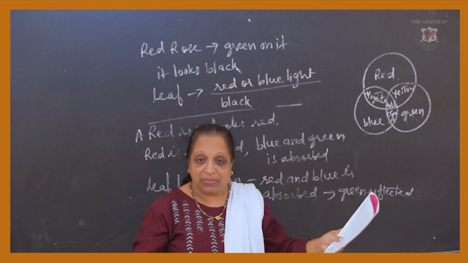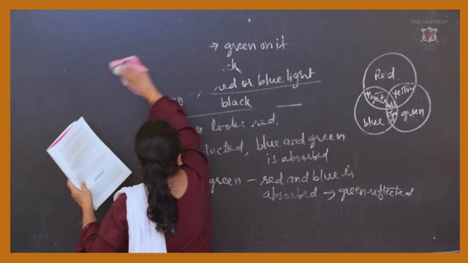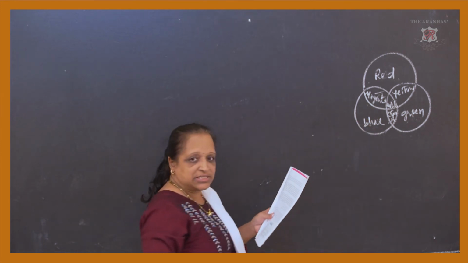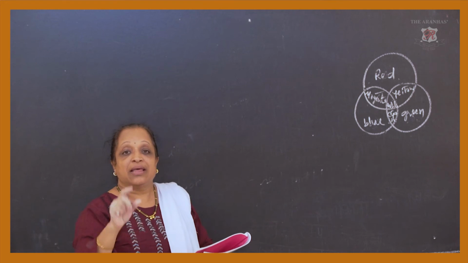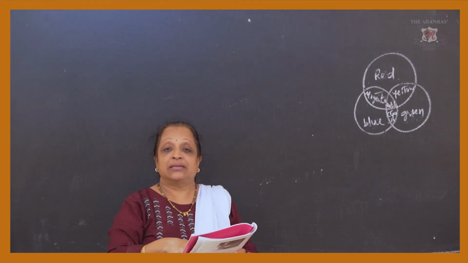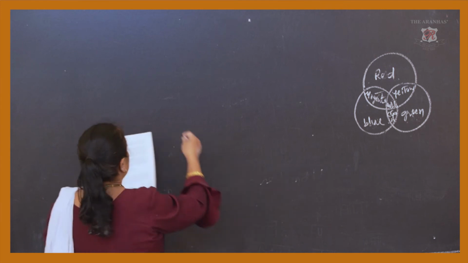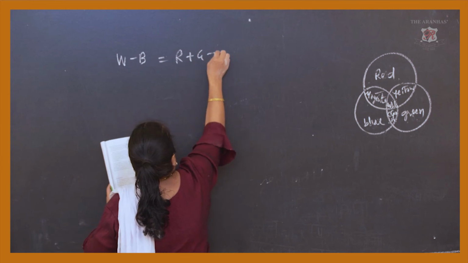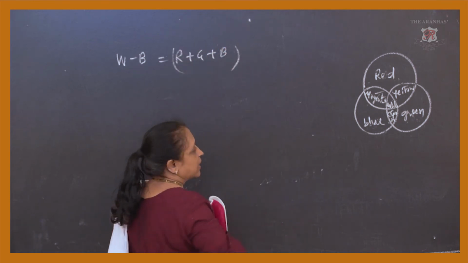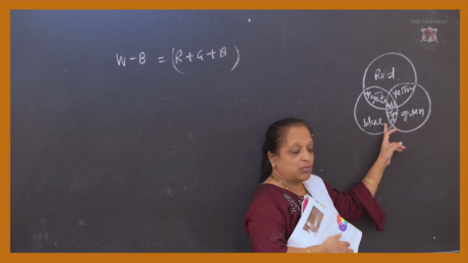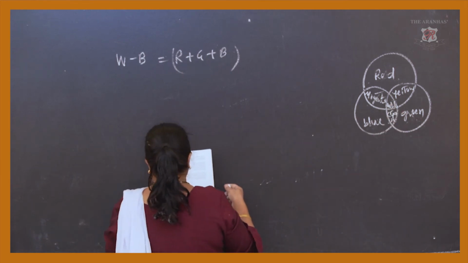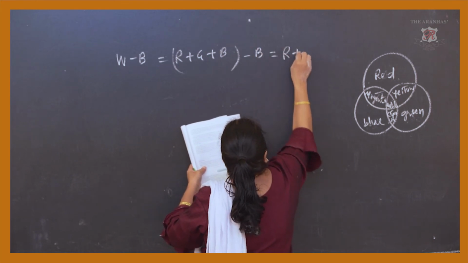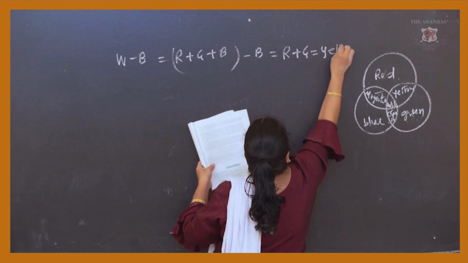Now there is one table given in your textbook, and it is the same as what we have seen just now, only the addition and subtraction of the colors is given over here. That is, W minus P is equal to red, green and blue. Basic colors: red, green and blue, and white is the basic. Then white minus blue is equal to red plus green, which is equal to yellow.